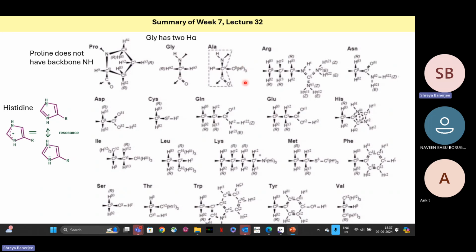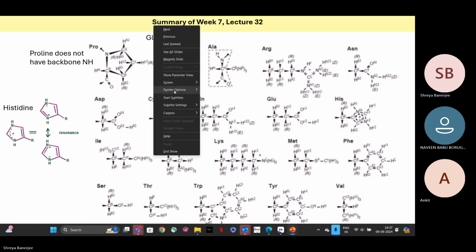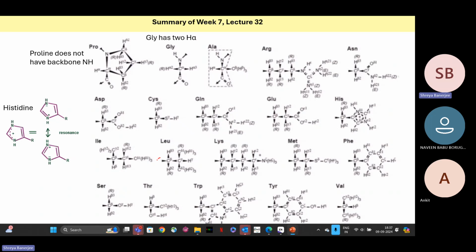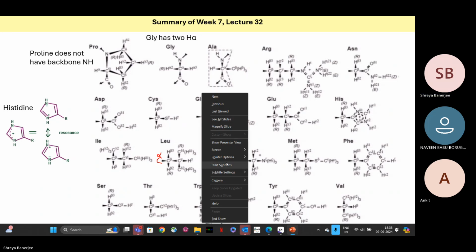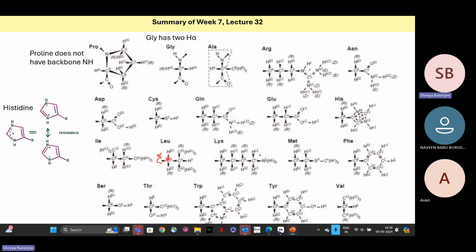If you have longer side chains, like suppose leucine, you have a C alpha, which is attached to C beta, which is attached to C gamma, which is then attached to C delta. So that is how the nomenclature goes.